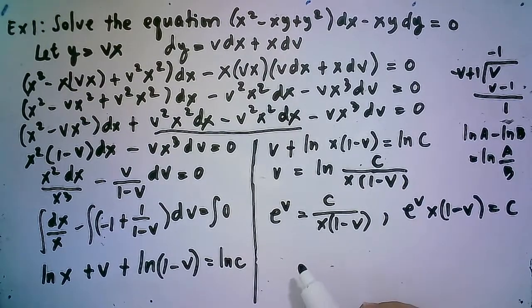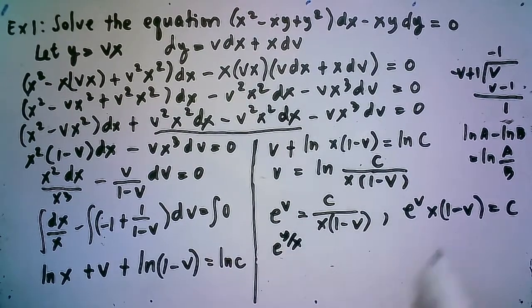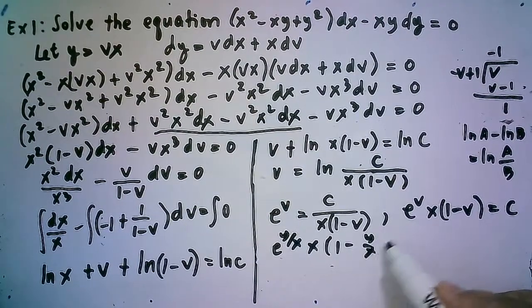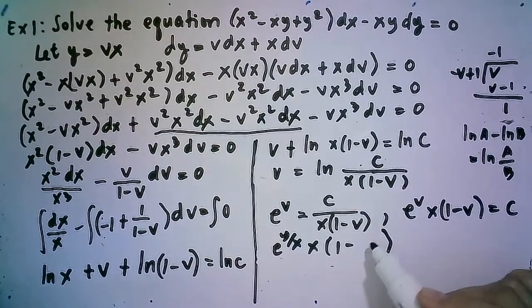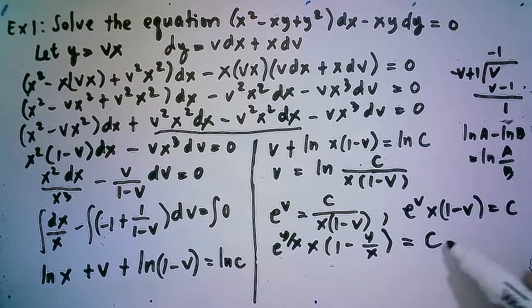I have this limited space only, so we have e raised to y over x, and then x times 1 minus y over x. So I will write this one clearly. I think this is already clear. And then equals c.